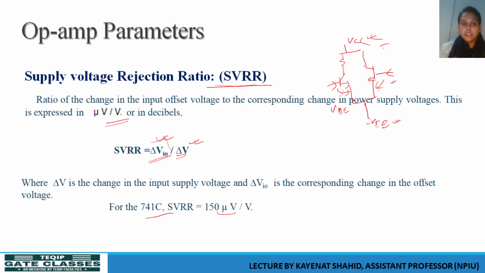You can see delta V is the change in the input supply voltage, and it is the corresponding change in the offset voltage. If you have any confusion or it is not clear how this is changing, you can always ask in the comment box, and I will get back to you.